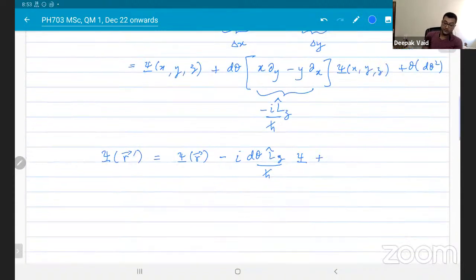What do you think the next term in this expansion will be? Any guesses? Right? The next term will be minus d theta squared by h bar squared Lz squared psi.